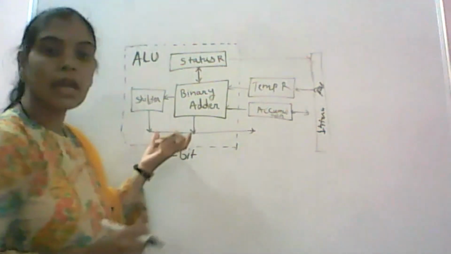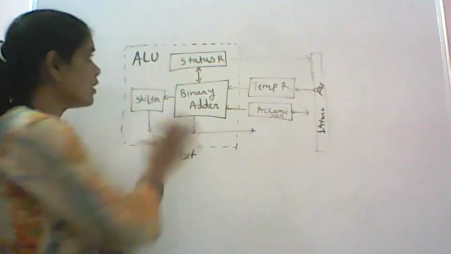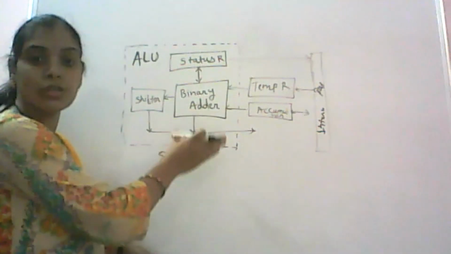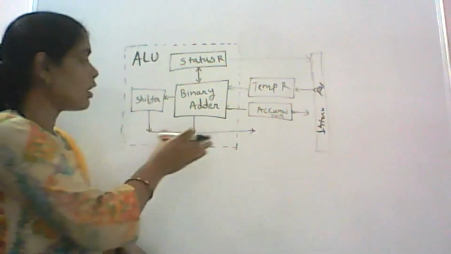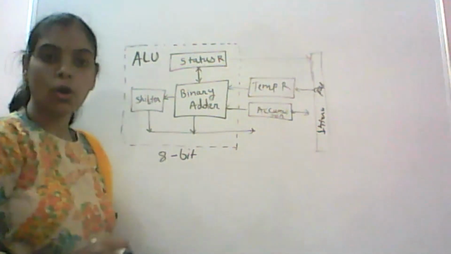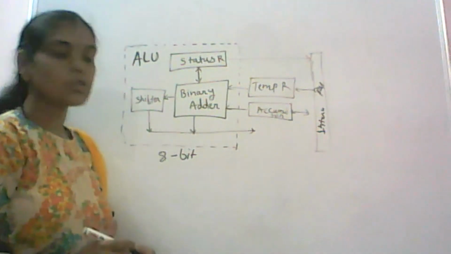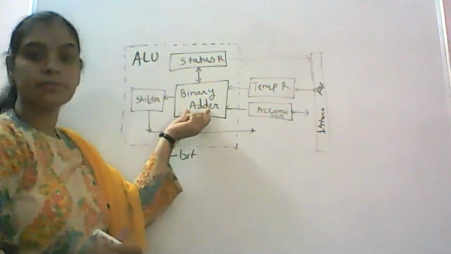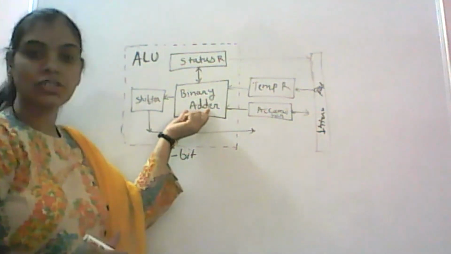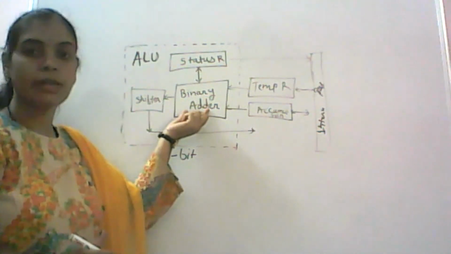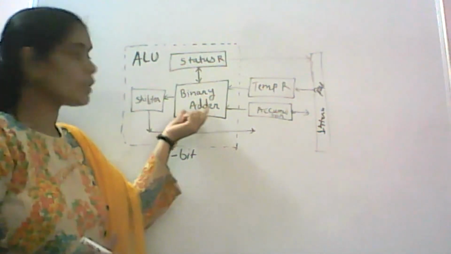This unit performs arithmetic and logic as well as rotate operations. It consists of a binary adder to perform addition and subtraction by the 2's complement method.